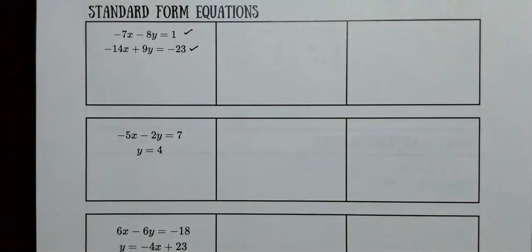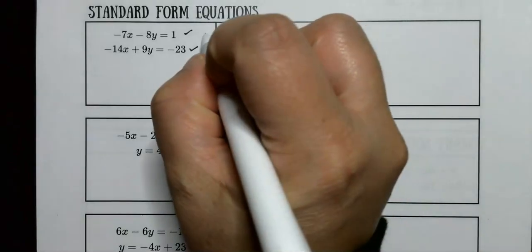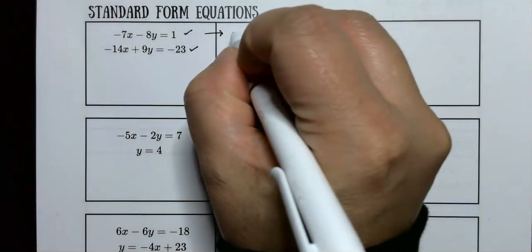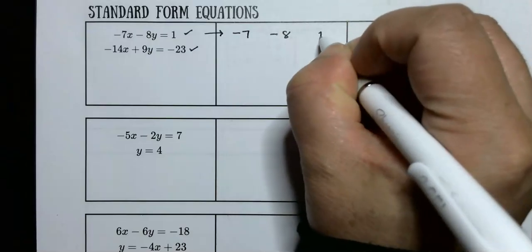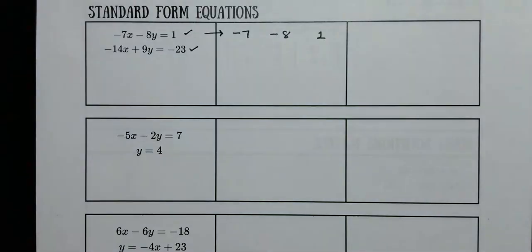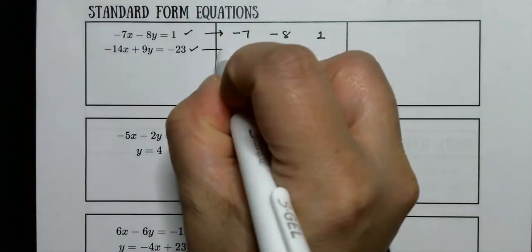Now, before we can put it into our matrix and into our calculator, I do want to point out that we only use the coefficients and the constants written in the same order. So what I'm going to do is I'm going to take the first equation and write it as -7, -8, +1. I'm going to take the second equation and do the same thing.